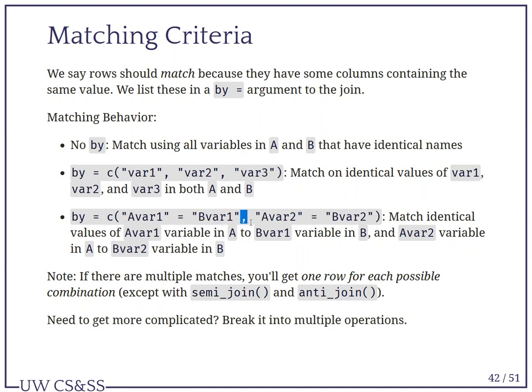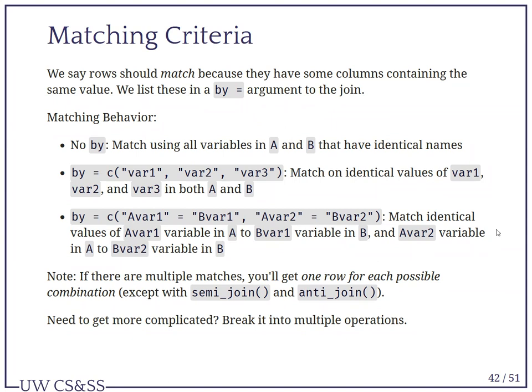And then we can also add more potential pairs that are named two different things by using a comma and also using this equals syntax. This will match identical values of variable 1 in A to variable 1 in data frame B, and so on.